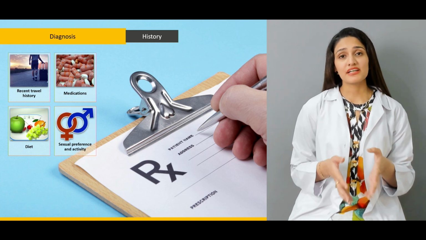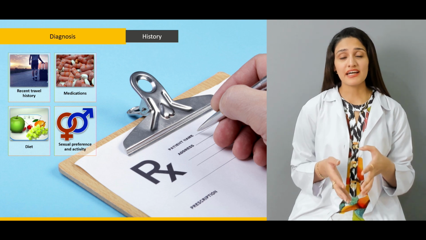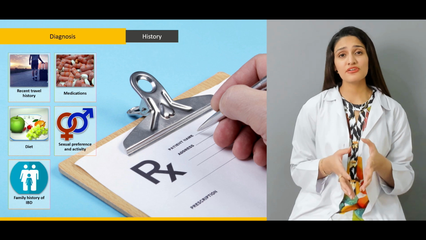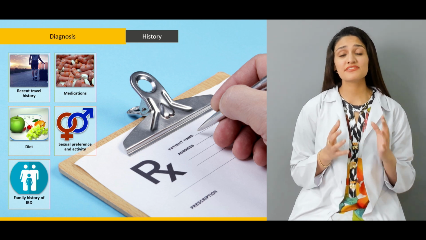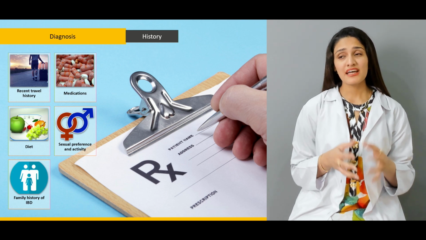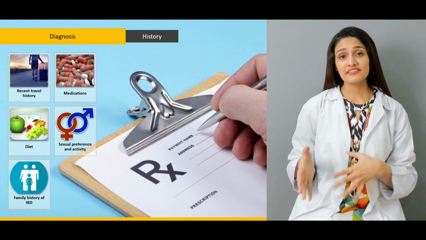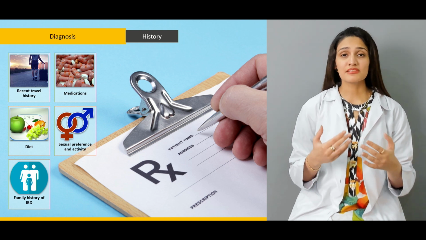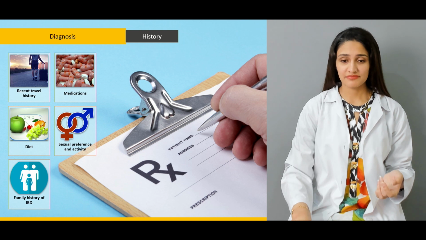Other than that, we can also ask about sexual preferences and different types of sexual activity. And family history of inflammatory bowel disease is very, very necessary. It's very crucial to ask about the family history, but it does not really guarantee having an inflammatory bowel disease, but it can raise the level of suspicion.